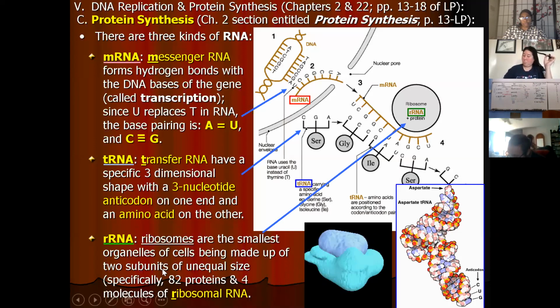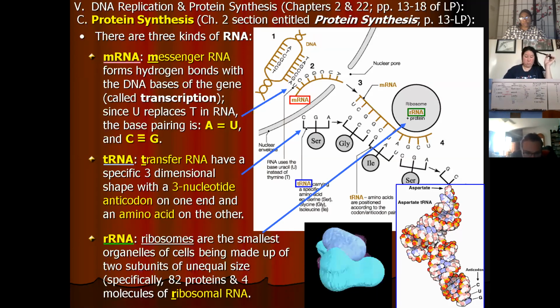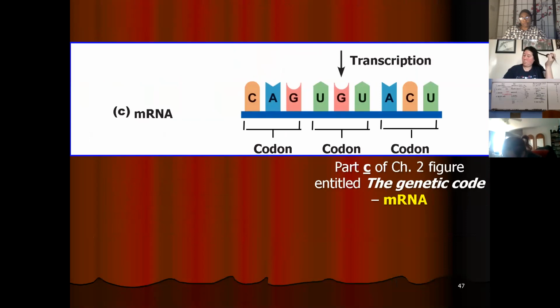I mean, it's pretty big. There's actually 4 single strands of rRNA and 82 proteins that make up a ribosome. So it's huge, but it's still just macromolecules. So those are the 3 forms, and we need all 3 to do protein synthesis.